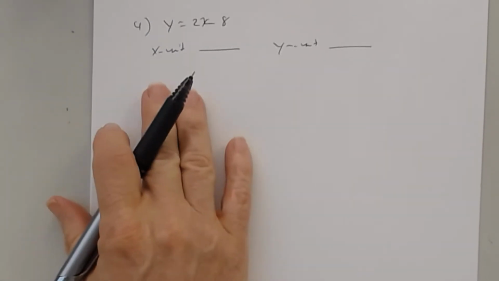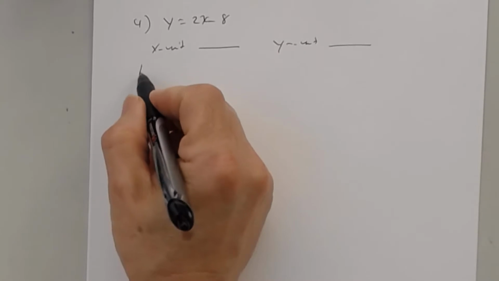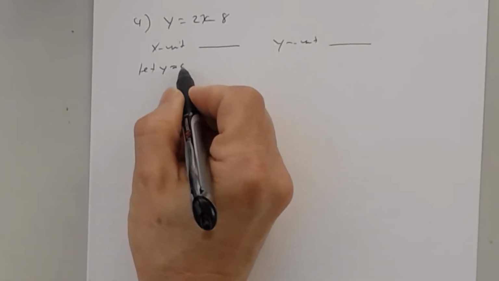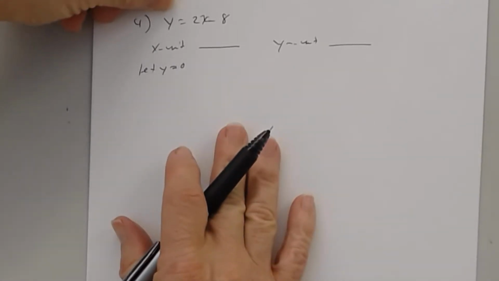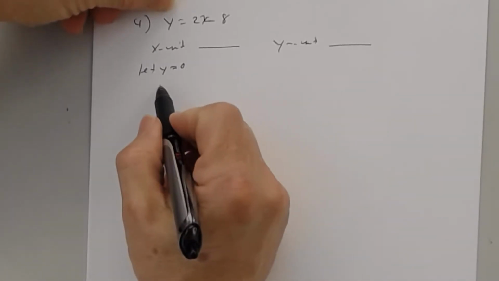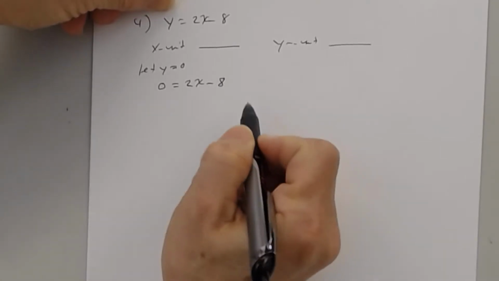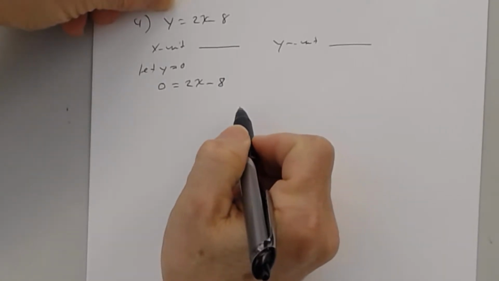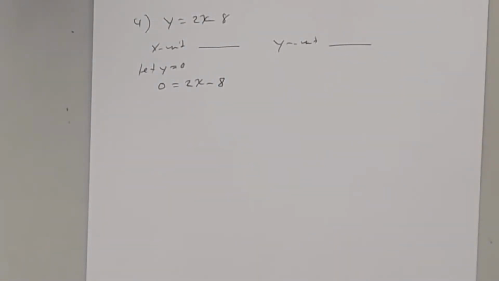To find the x-intercept, let y be 0. If y is 0, wherever I see the y, plug in 0. So I get 0 equals 2x minus 8. Do you agree with that? Now, think about previous courses. How do you solve for the variable x?